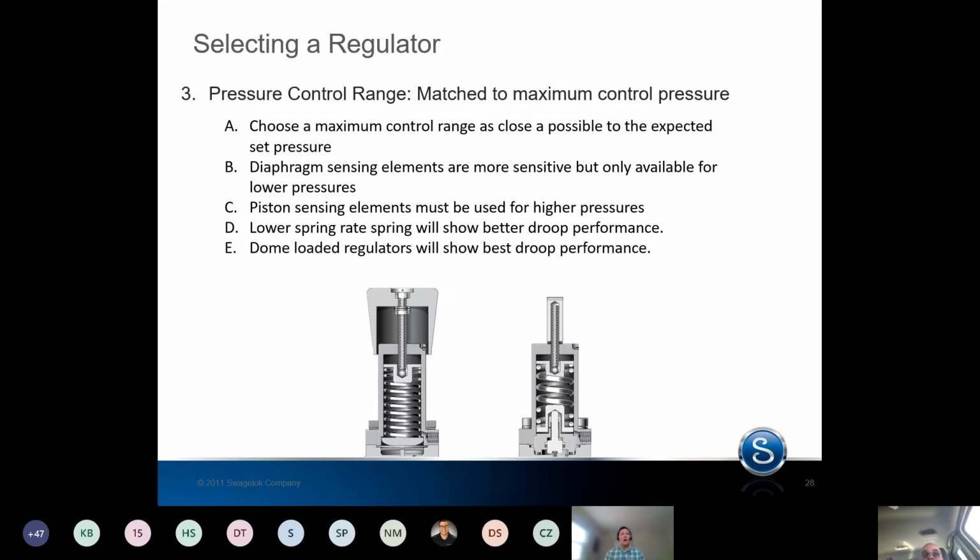So where possible, if you need that sensitivity, diaphragm sensing elements are great for that. You may need to use a piston if you have a higher pressure. And then we talked a little bit about spring rates and dome loader regulators just now. So the pressure control range is a critical piece of getting an accurate pressure regulator with good set point resolution.